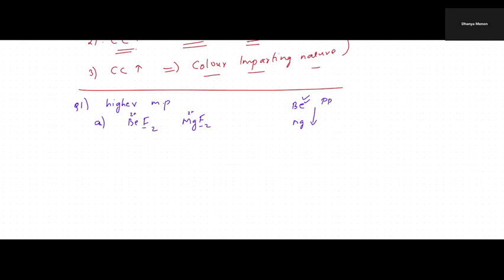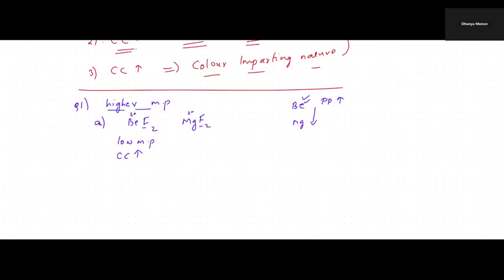So that means beryllium fluoride is more covalent than magnesium fluoride. Okay, so beryllium fluoride has low melting point because the covalent character is more. But they have asked for higher melting point, right? So beryllium fluoride has low melting point.